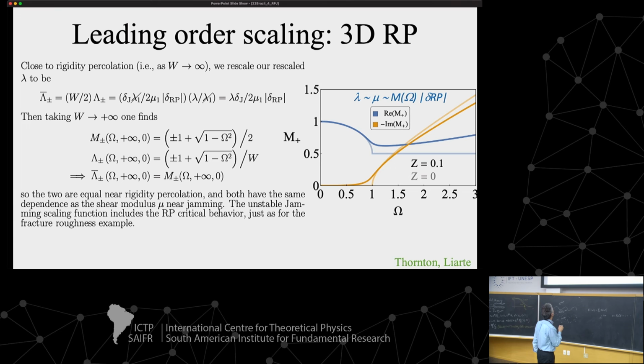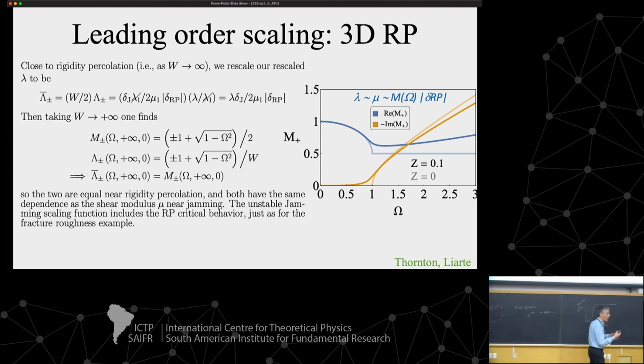And then W, which you remember was the ratio of delta J to delta RP.